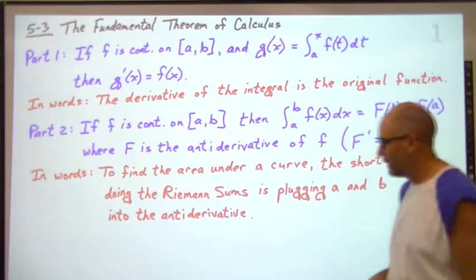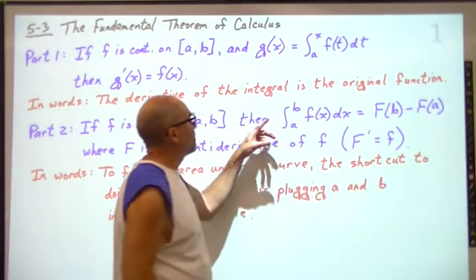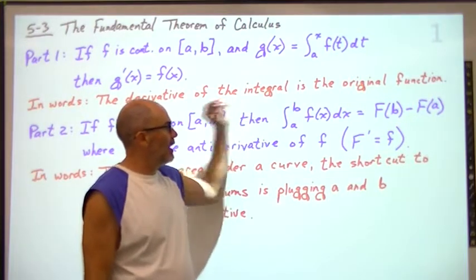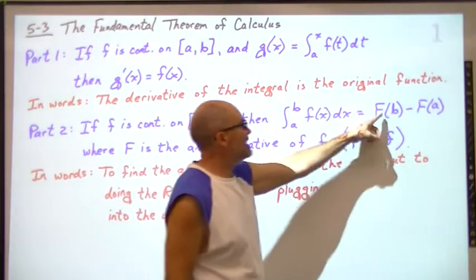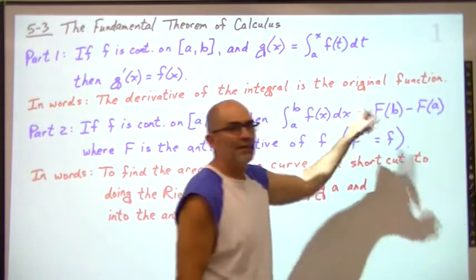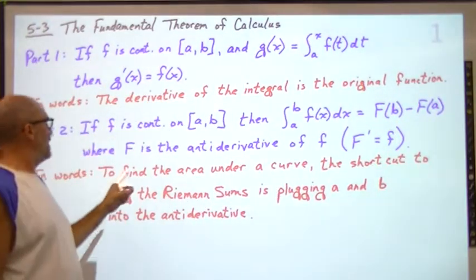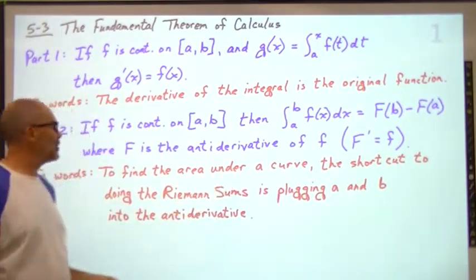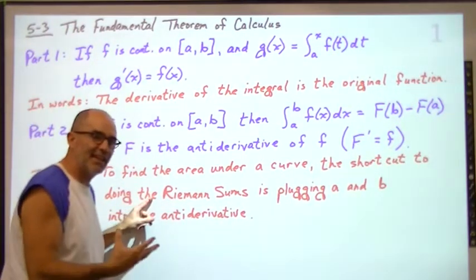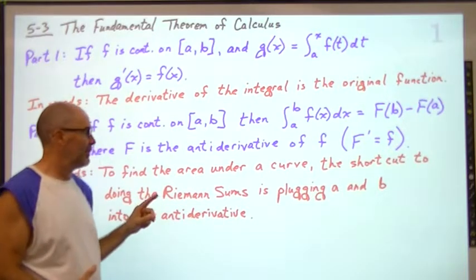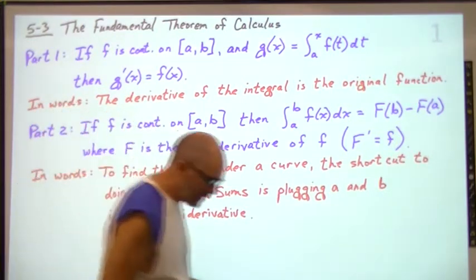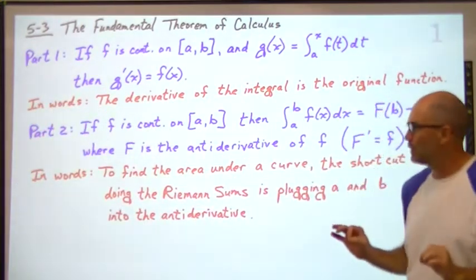So to evaluate a definite integral, all you're going to do is take the antiderivative, plug in b, take the antiderivative, plug in a, subtract the two. So to find the area under a curve, the shortcut to doing those tremendously long Riemann sums is just plugging in a and b to the antiderivative. So that's a huge shortcut.